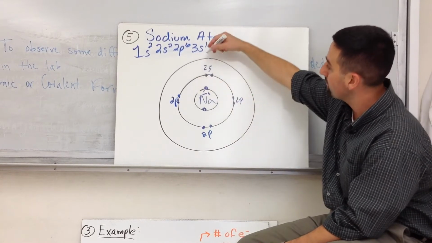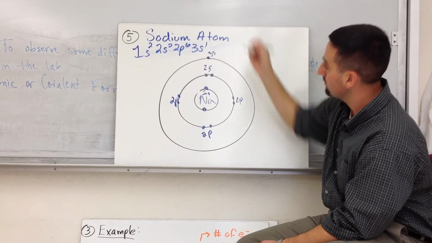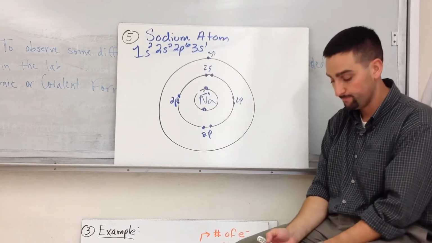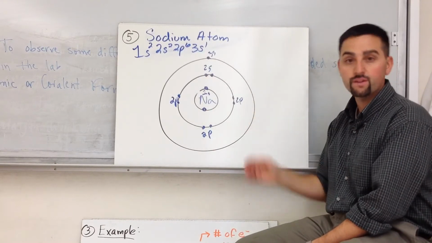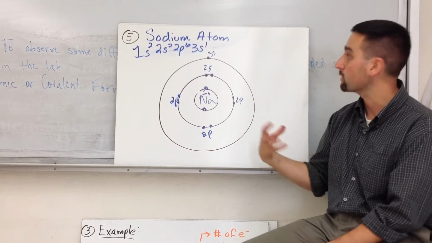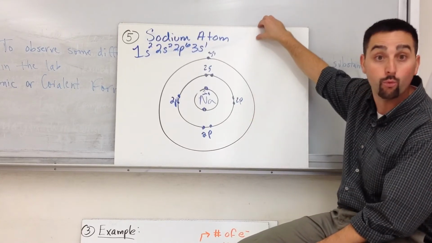And then lastly, we have this 1 electron in the 3s1 subshell. And that's the Bohr model of the sodium atom. That's how our configurations relate to how we fill in the electrons within the Bohr model.